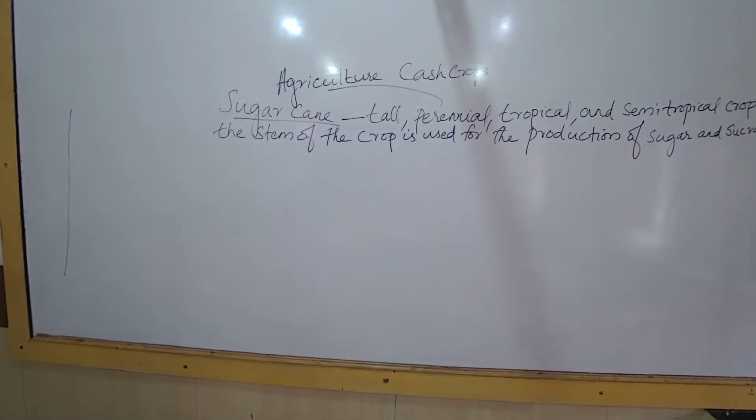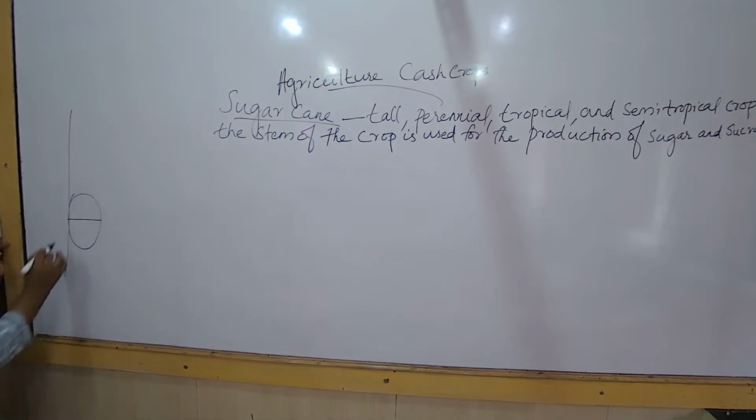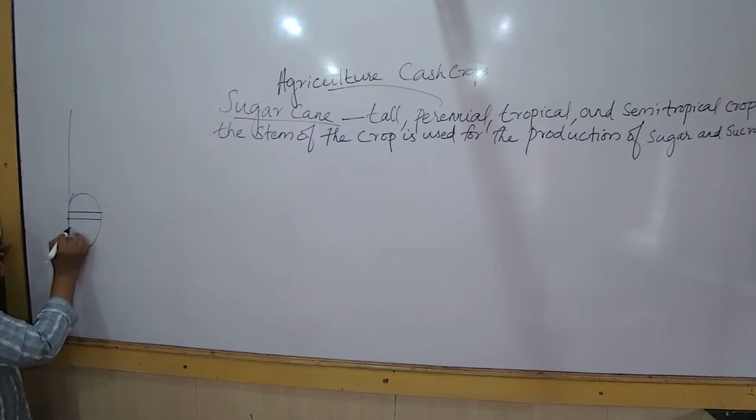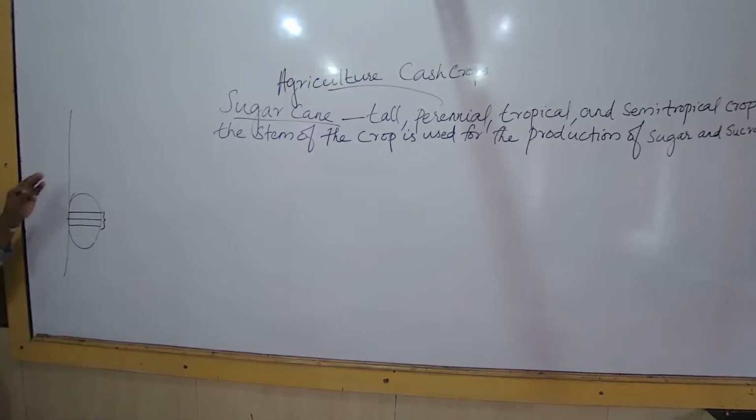What is the meaning of tropical and subtropical? You have studied the globe: this part is called the Tropic of Cancer and the Tropic of Capricorn. These are the latitudes, with the equator in between.